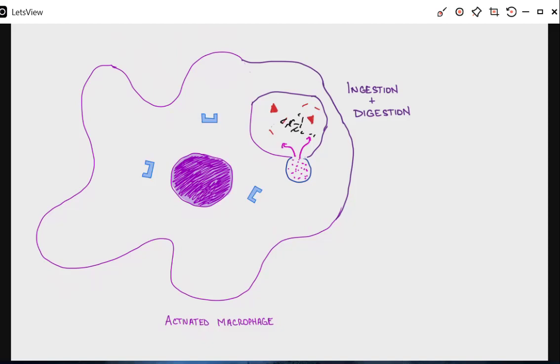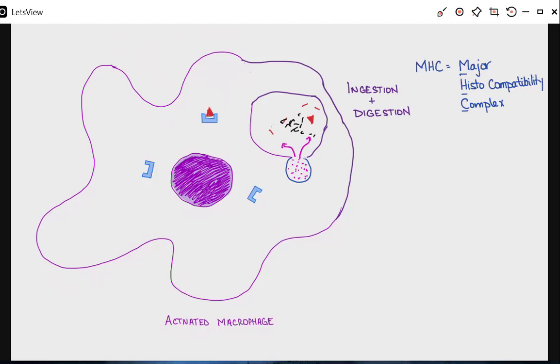Okay, so once we do that, then the cell has a way of taking the antigenic fragments and inserting them into these special display cases called MHC. And MHC stands for Major Histocompatibility Complex. And there are two MHC varieties that will be important to our immunology story, and they are MHC I and MHC II.